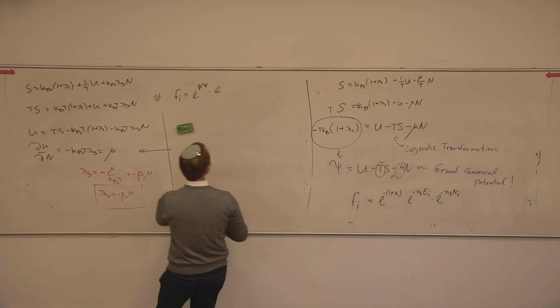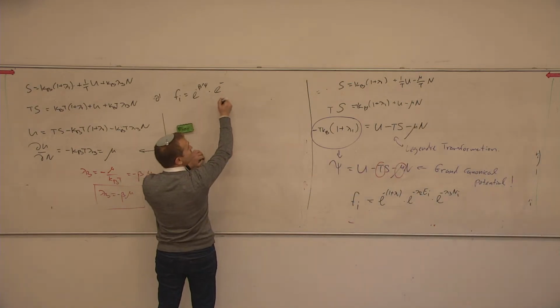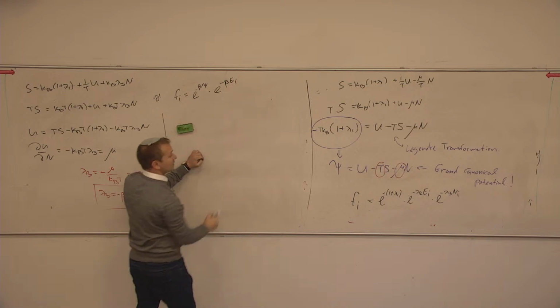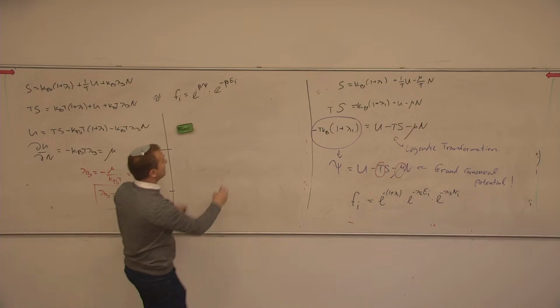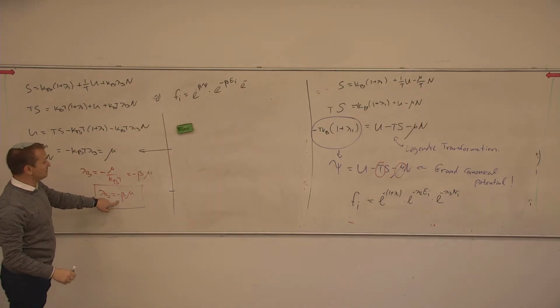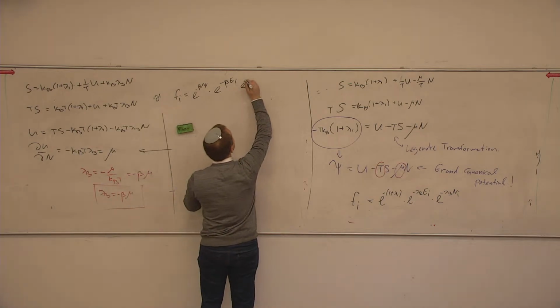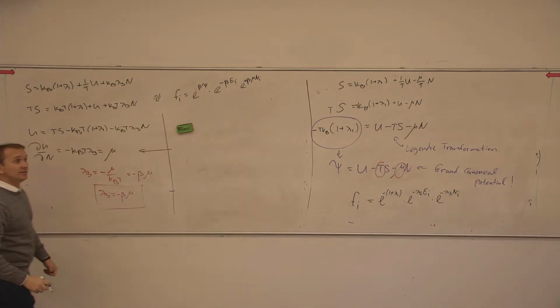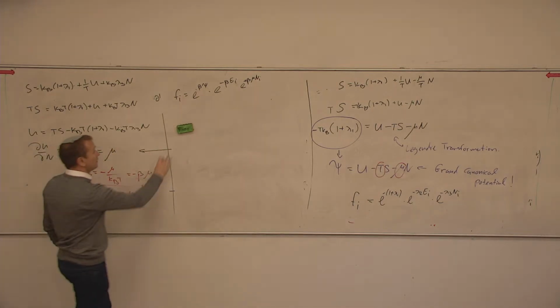Now let's see what I have for lambda 2 and lambda 3. So lambda 2 was beta, right? And lambda 3 was minus beta mu, so it's plus beta mu N_i. Okay.